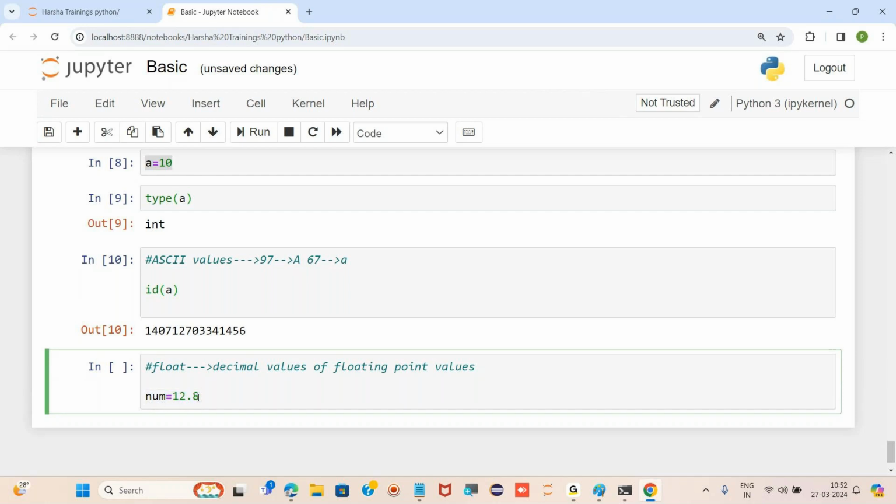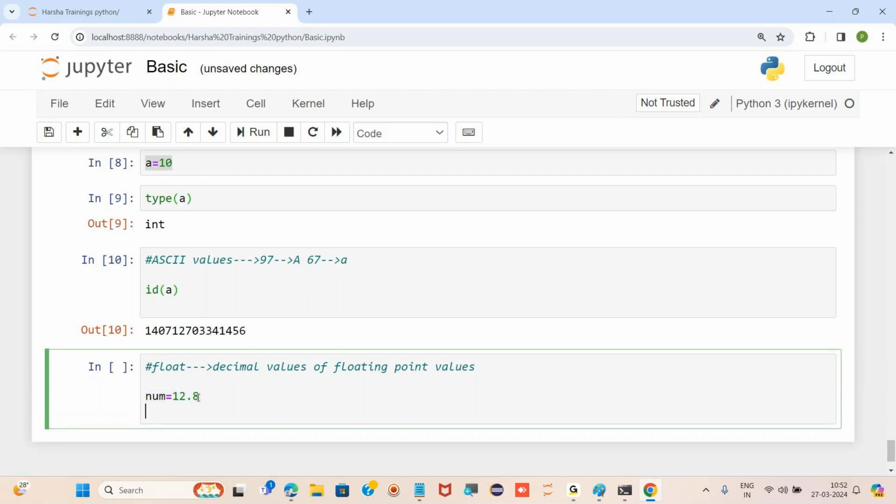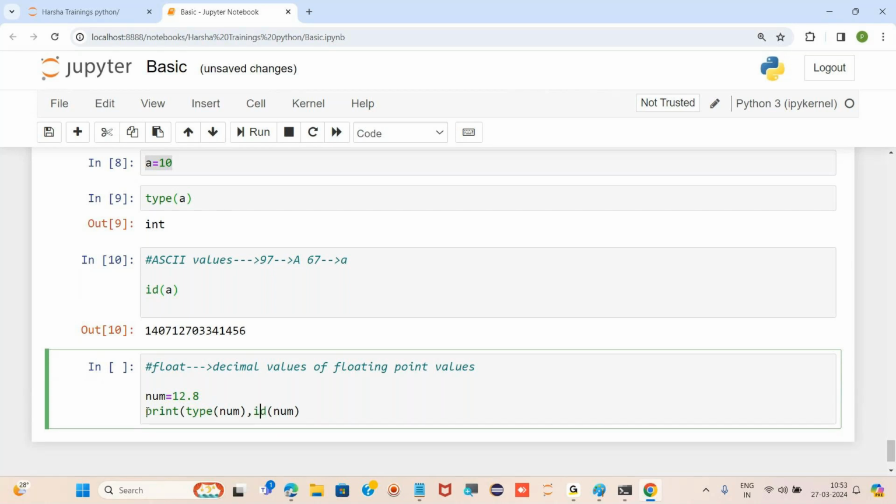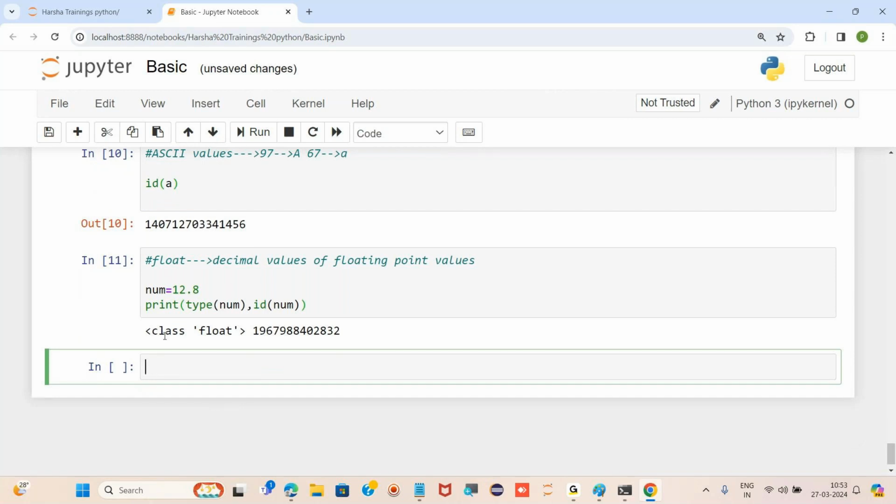If you see the type of number and also the id of number, let me use the print function to print it. Now you see, it is a float class.